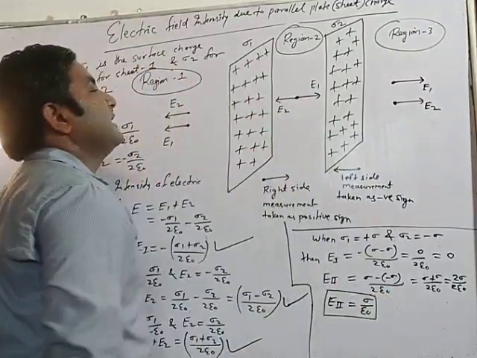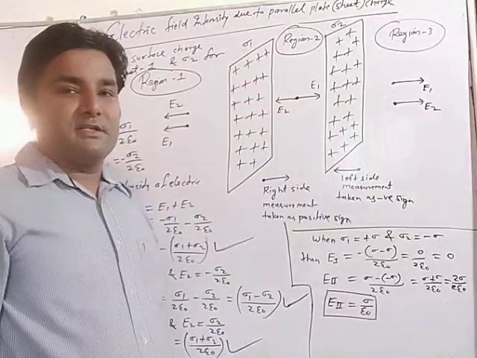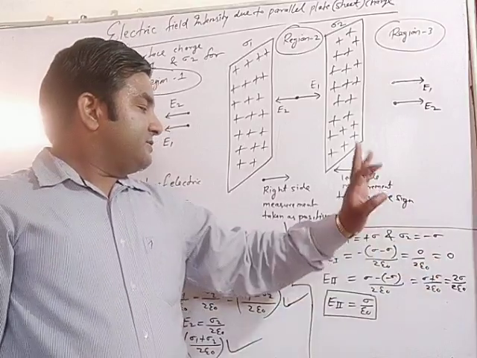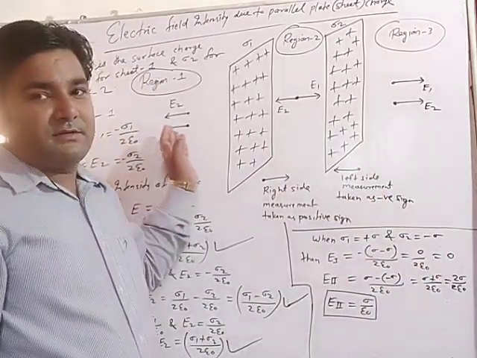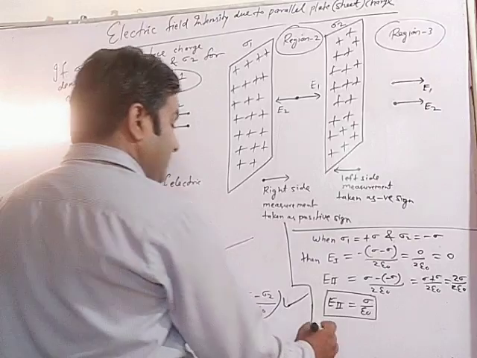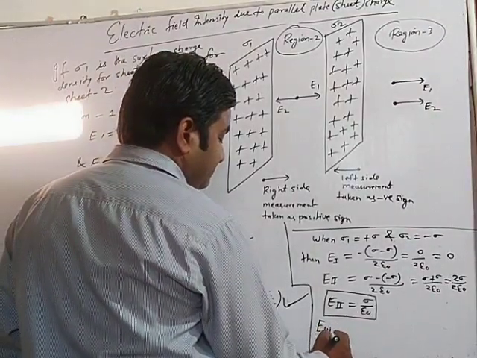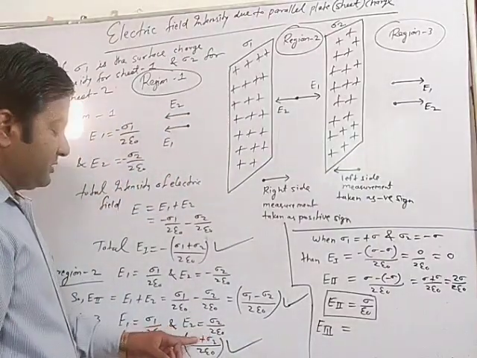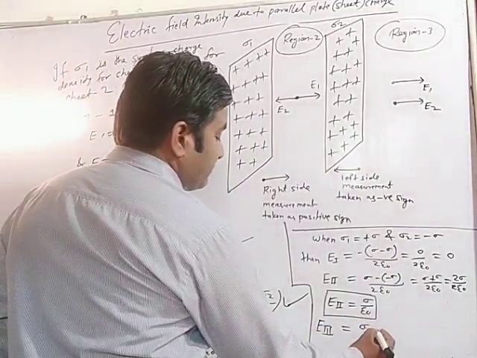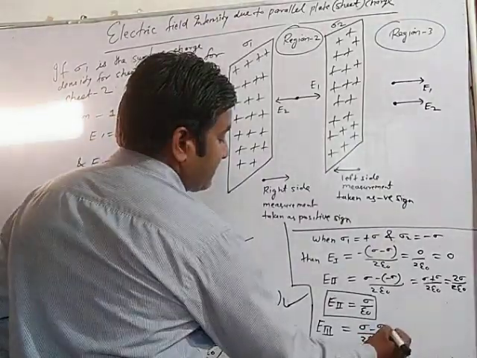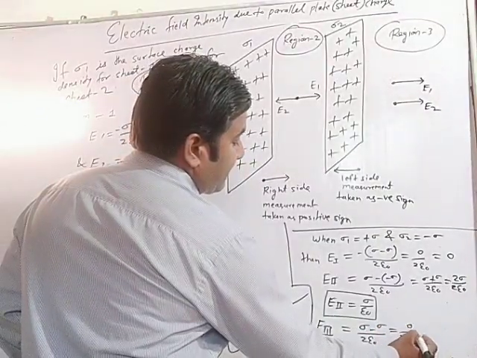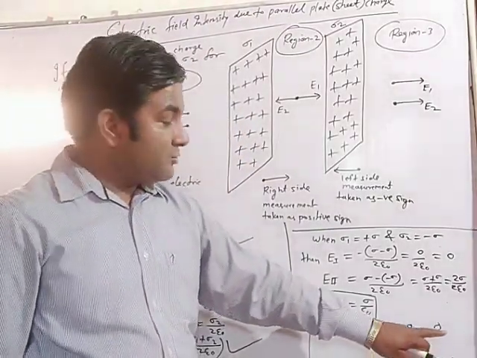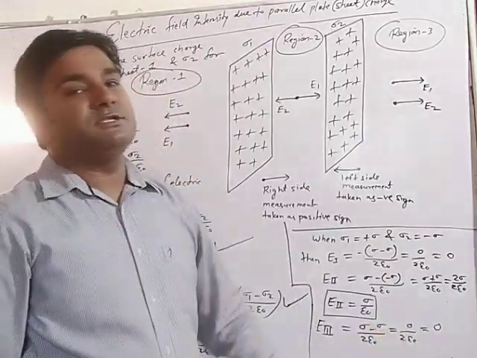It means only inside the plates there is a value of intensity. Towards the left, sigma minus sigma is 0, so the intensity towards the left region becomes 0, and the same for the right region. In region 3, sigma 1 is plus sigma and sigma 2 is minus sigma, upon 2 epsilon naught, which is 0 upon 2 epsilon naught, equal to 0. So in region 3 also the value of intensity becomes 0.